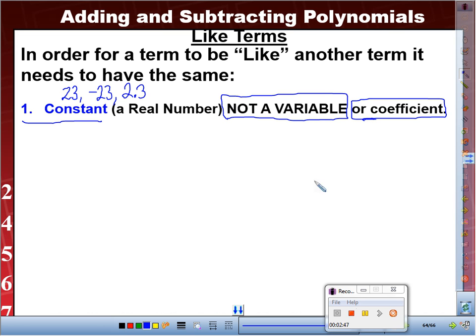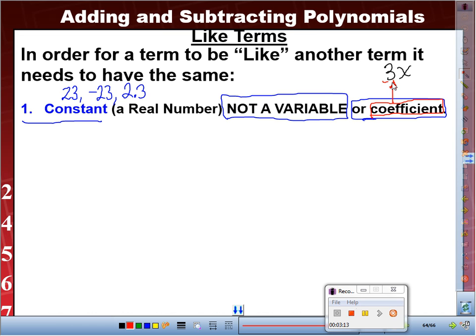Now check this out. Some of you are still a little confused with coefficients. Here it goes. If I was to give you the expression 3x, and I said identify the coefficient, the coefficient of this expression is 3. 3 is a coefficient.